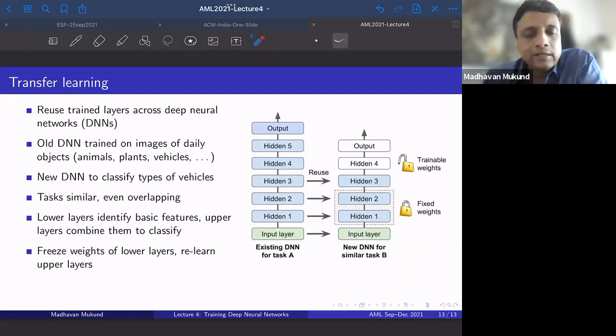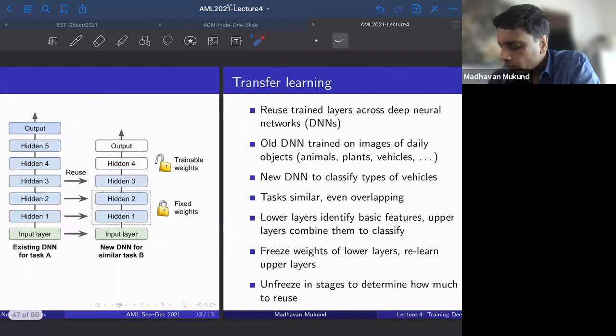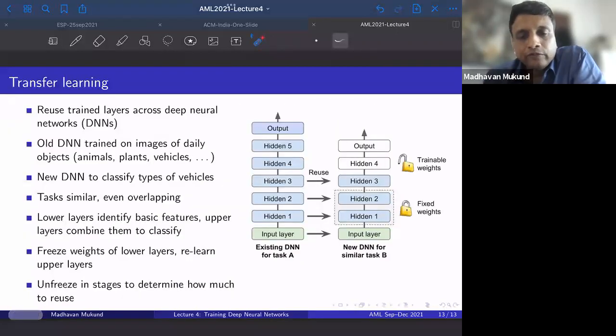Now, how many layers should you use? How do you know that you should use 2 layers or 3 layers, or how many layers of the original network should you use? So one strategy is you take the network as it is given to you, and you start from the top and come down, right? So you say, okay, let me just relearn the 5th layer and see how it does. Then I say, okay, let me relearn both the 5th layer and the 4th layer and see how it does.